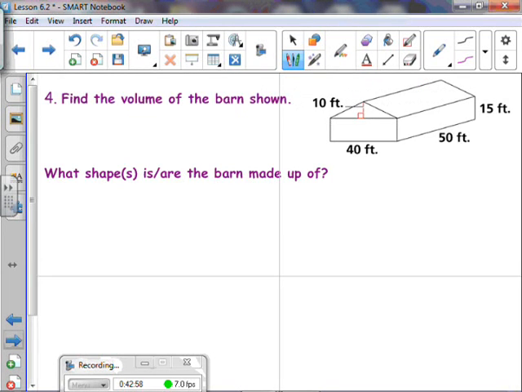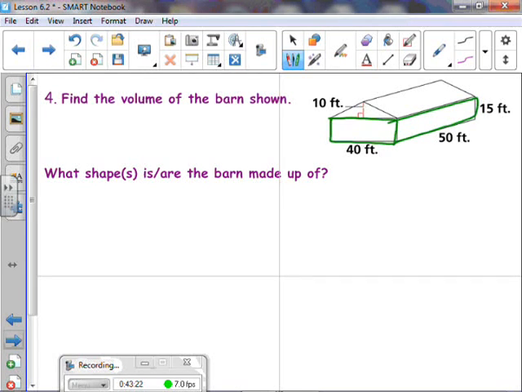It says to find the volume of this barn that is shown. And the question I want you to ask yourselves is, what shape or shapes is the barn made of? Because it is neither a cylinder nor a prism that we have talked about so far, but we can split it up into two parts. We can split it up into this rectangular piece, right?